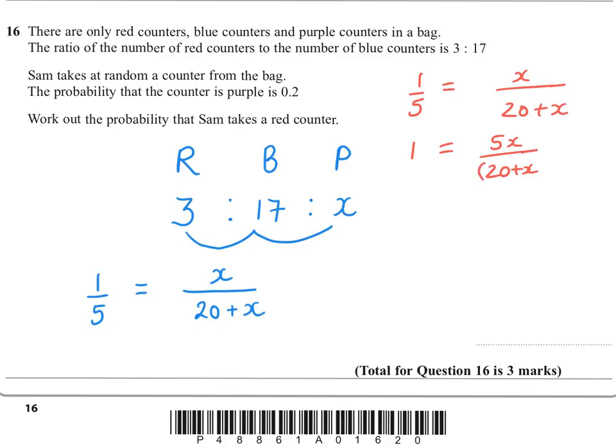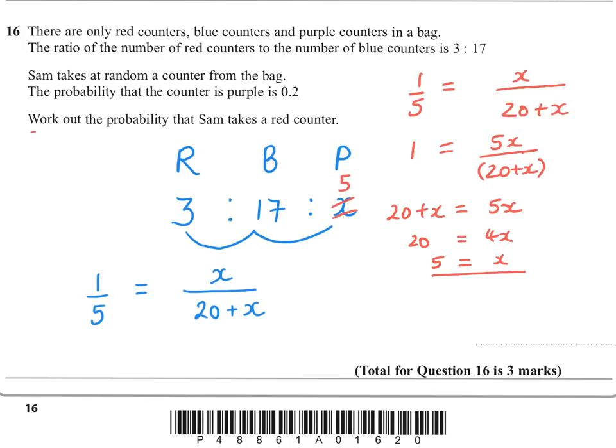I'll just put a bracket around it so you can see what I'm doing. So I'm timesing this side by 20 plus x. If I times the right hand side by it, then the denominator disappears and becomes 1 unit. And then I can take x from both sides and then divide both sides by 4. So that gives me the missing link in the ratio here of 5.